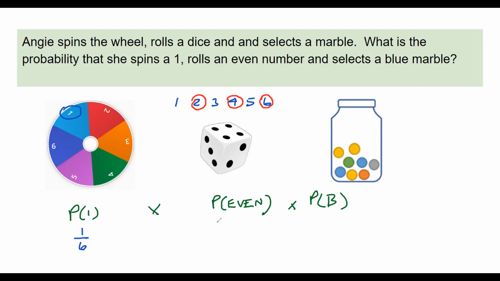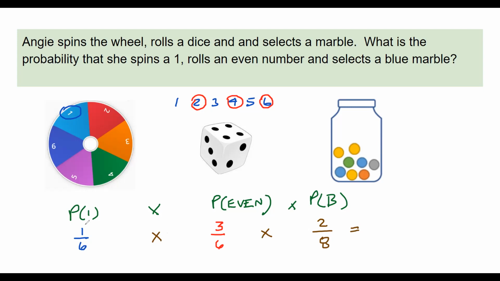So our probability of that being even is 3/6. And then finally, we've got the marbles, and we're interested in blue marbles. There are 2 blue marbles, and there are a total of 8 marbles. So we're carefully finding the probability of each one of these, and then we simply multiply them together.